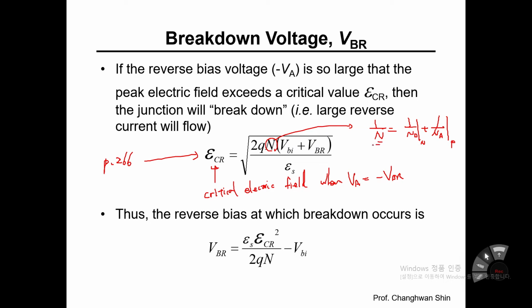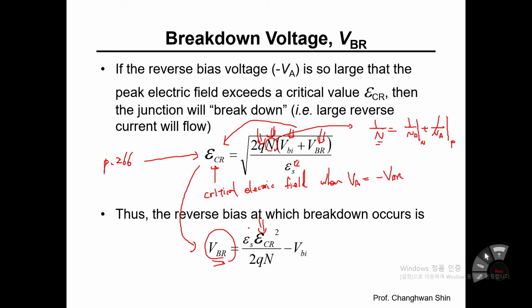So N indicates the lightly doped side's electron or hole concentration. Plugging N sub D and N sub A into N, and you know the built-in potential once you know N sub D and N sub A, and the dielectric constant, unit charge, and breakdown voltage, then you may estimate the critical electric field. From this equation, you may reversely derive the breakdown voltage as well. If you know the critical electric field, then you may estimate the breakdown voltage.